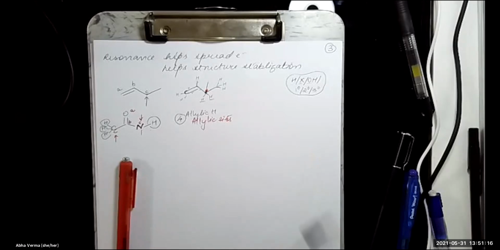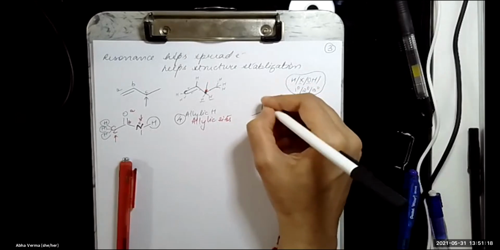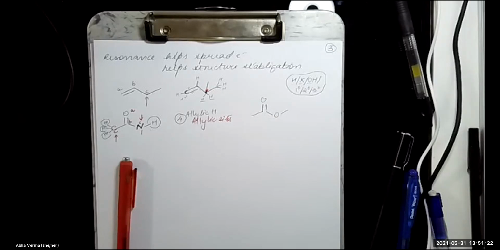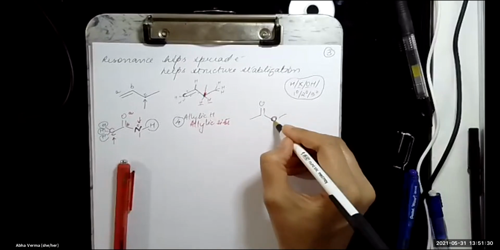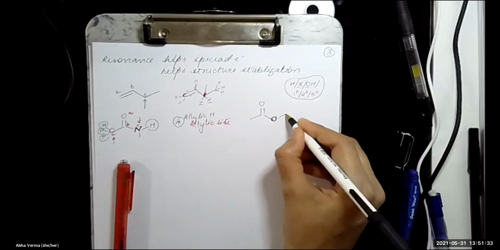The double bond should be between any two atoms. Any carbon, any two. Okay. Look at this now. How many allylic hydrogens do I have now? 3. Exactly. There are no allylic hydrogens here. This oxygen has this group.